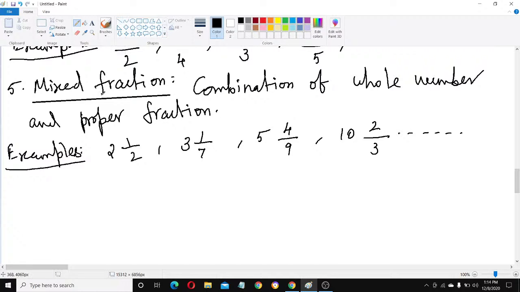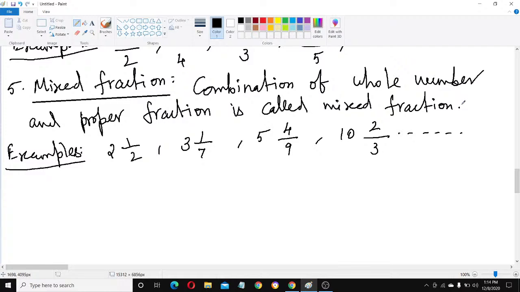So what is mixed fraction? Combination of whole number and proper fraction, children. Combination of whole number and proper fraction is called mixed fraction.